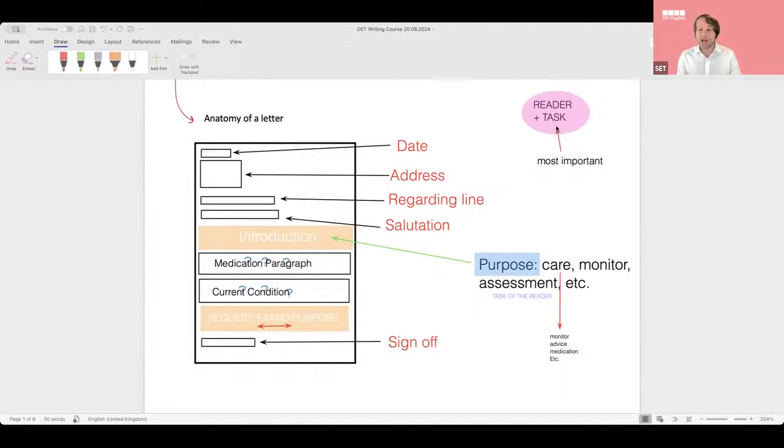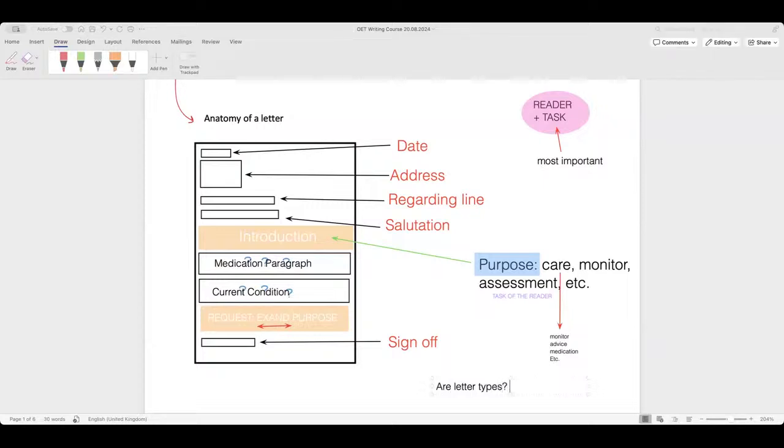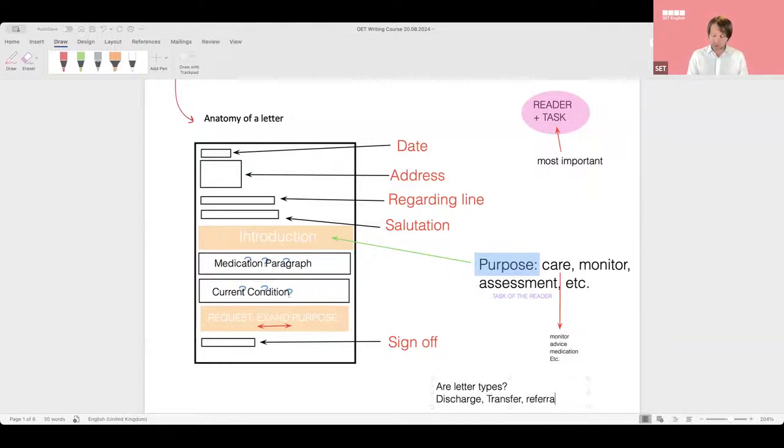Are letter types important? We have discharge, urgent, transfer, referral. Are these important? I'm going to say no. I know it's crazy, but no. You don't need to think about that really.